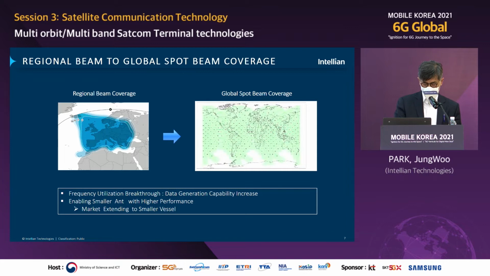It is composed of small beams covering quite a large portion of the Earth, and is taking over the conventional satellite system like the beam on the left. It is quite similar to the frequency repeater pattern in land mobile communication, which leads to a frequency utilization breakthrough and makes small size antennas with higher throughput possible.